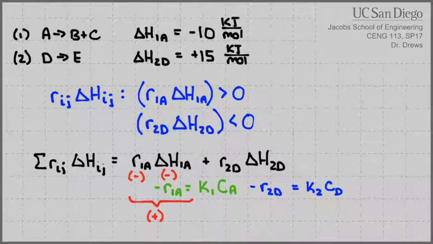And so this is overall going to be a negative term. If I compare the signs here, R2D is going to be negative. According to the problem statement, the enthalpy of reaction 2 per mole of D is a positive number. So the overall contribution of reaction 2 is to drive down the temperature of the reactor, which matches our intuition of an endothermic reaction.